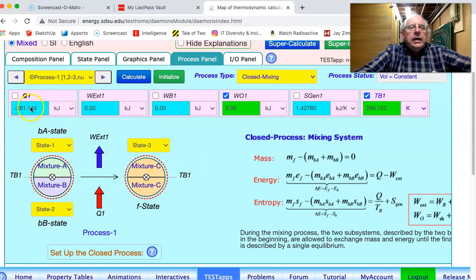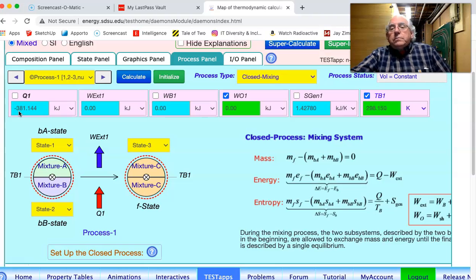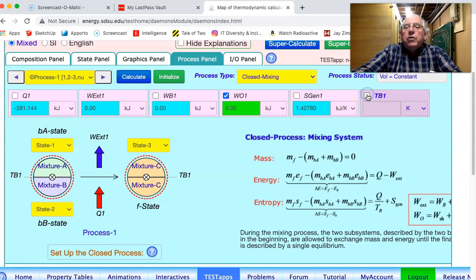We then go to the process panel, and you see now A and B turn into C. We assume that there is no work because of the rigid nature, and we see that the heat transfer is minus 381, away from the system. To determine the irreversibility, which is related to S-Gen 1, we have to make sure that we have the proper value of the boundary temperature.